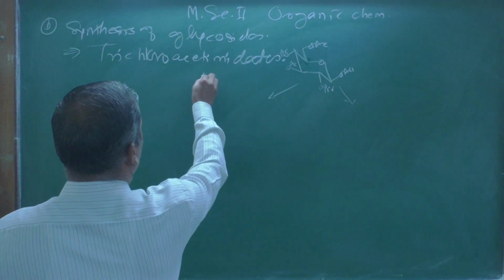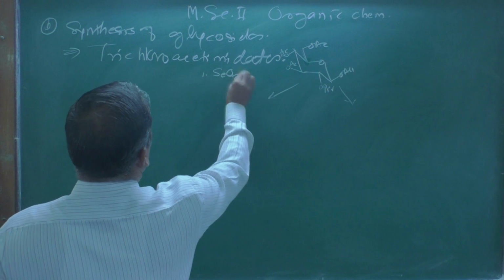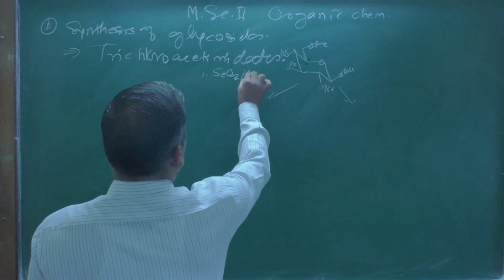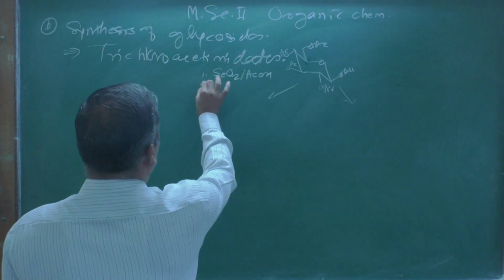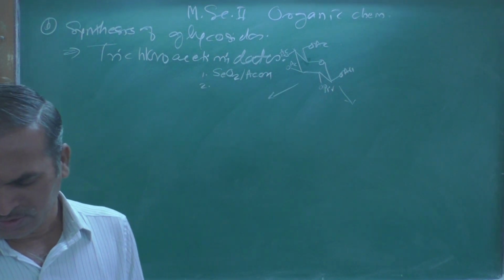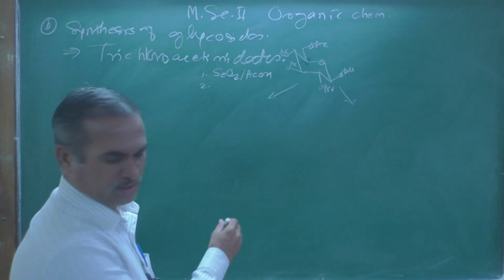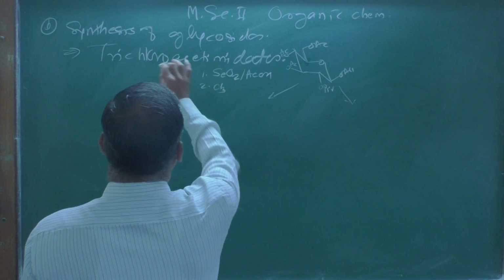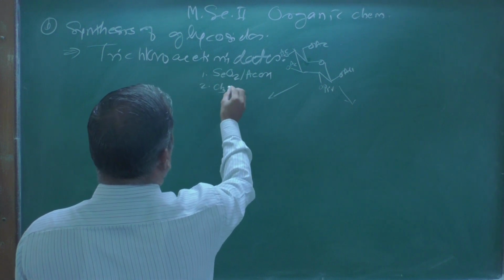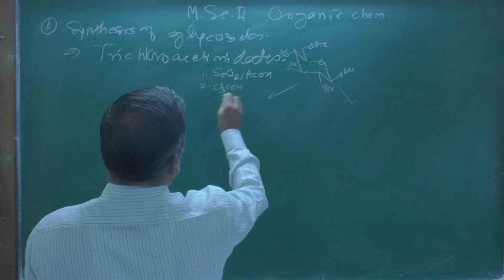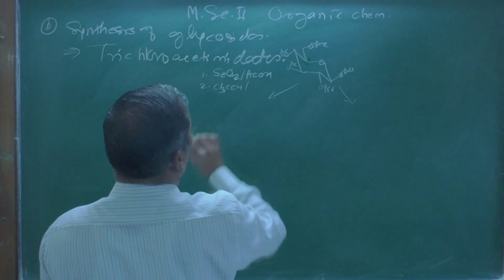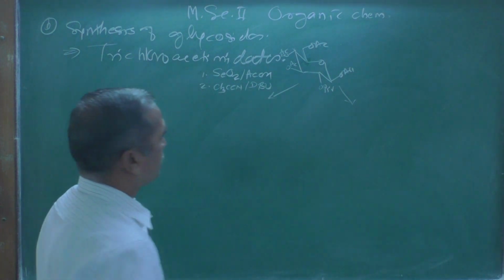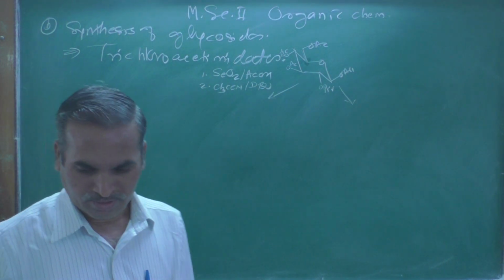Reagent number 1 is SeO2, selenium dioxide, in the presence of acetic acid, AcOH, and the second reagent used here is trichloroacetonitrile, CCl3CN, in the presence of DBU.